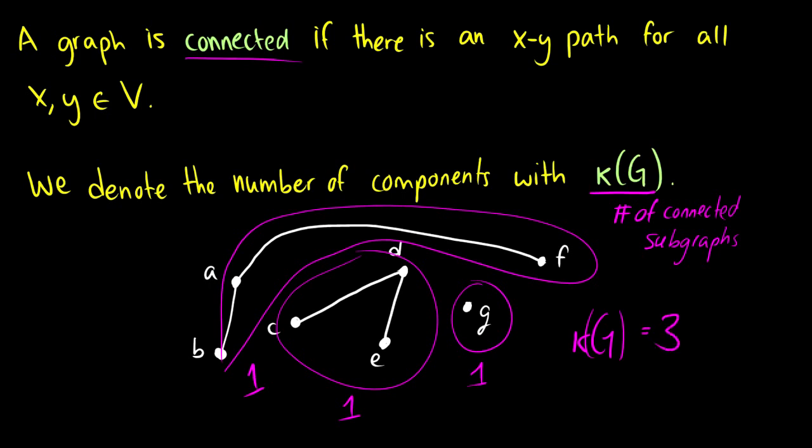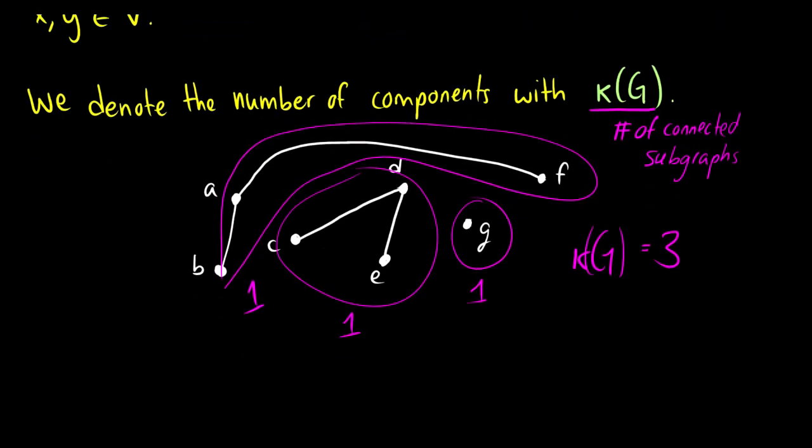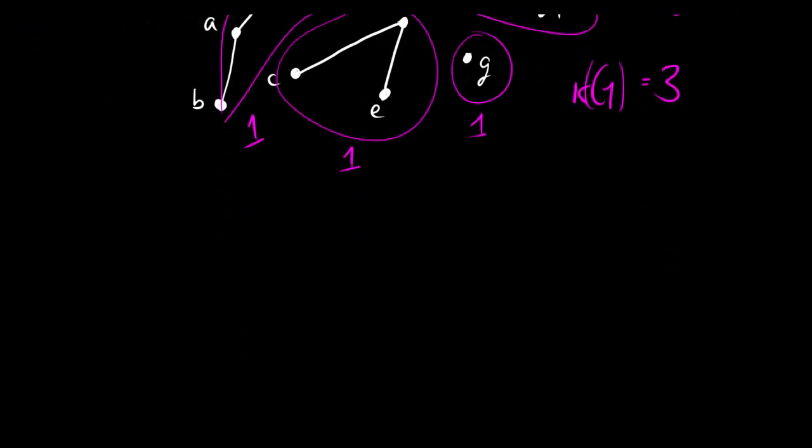And here's the question: why does a graph have to be an xy path? Okay, so let's take a look at the formal definition here. So suppose we have 3 points here, and a path has no repeated vertex.